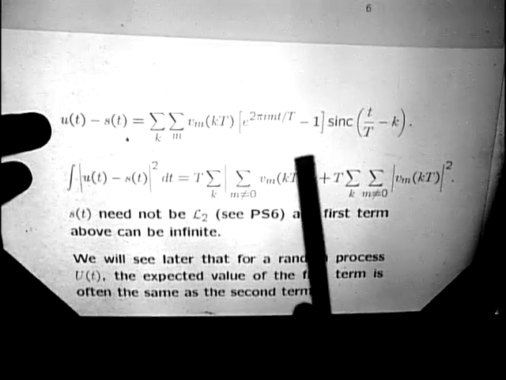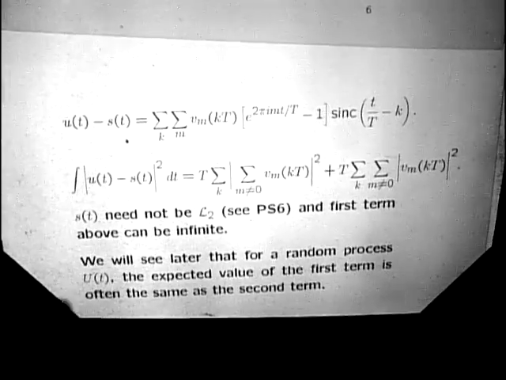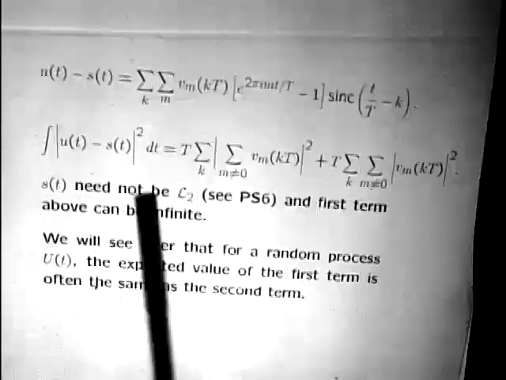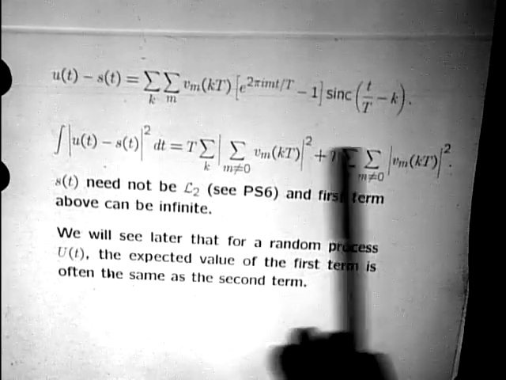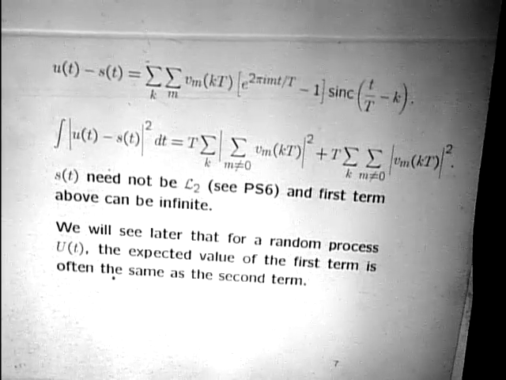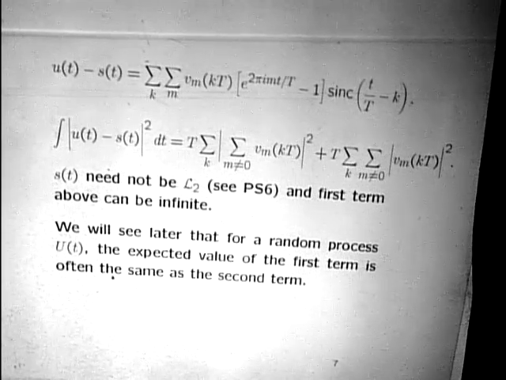So s of t just has one in place of the rotating term. So the difference between u of t and s of t is just this big monster sum here, which is looking at all the different frequency bands at all of the different sampling times.